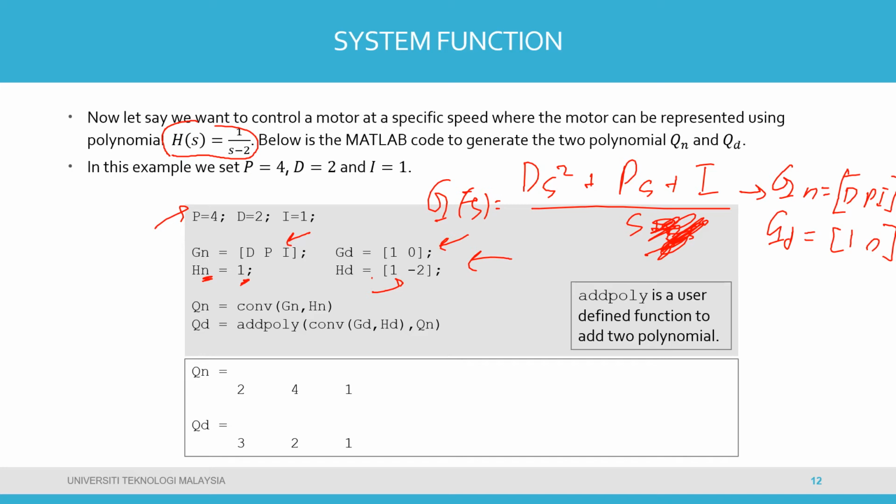So remember back the equation. If you recall, I said that Q is for the overall closed loop system.